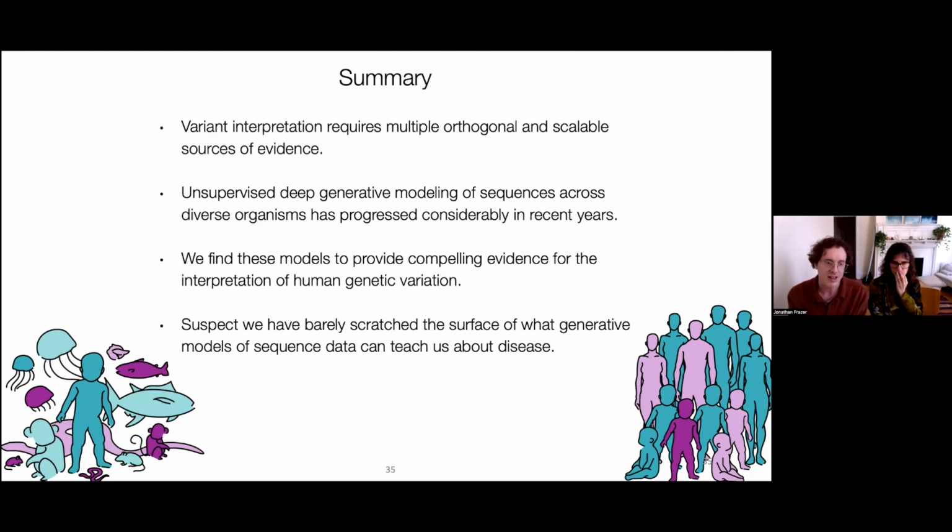Nevertheless, it's absolutely clear that we have barely scratched the surface of what these models can do. There's lots of things we don't understand about them still, and I think there's lots more that we can learn from building better models of protein sequence data.